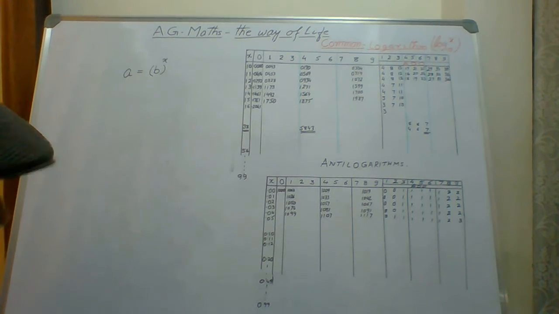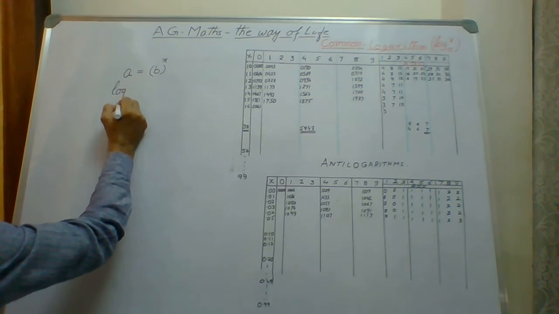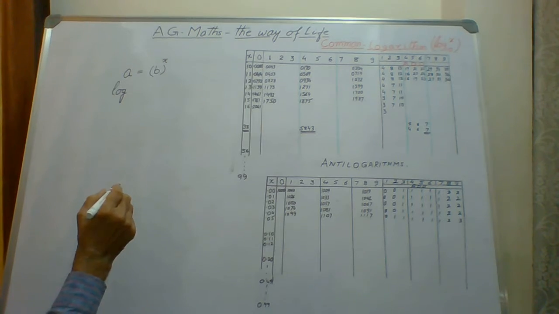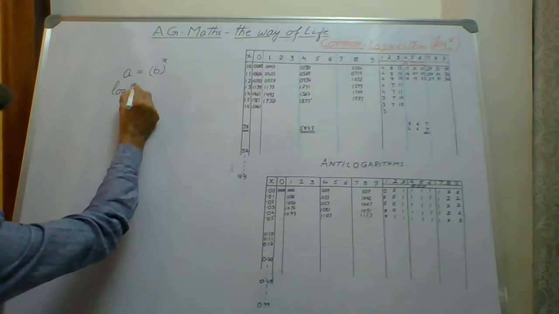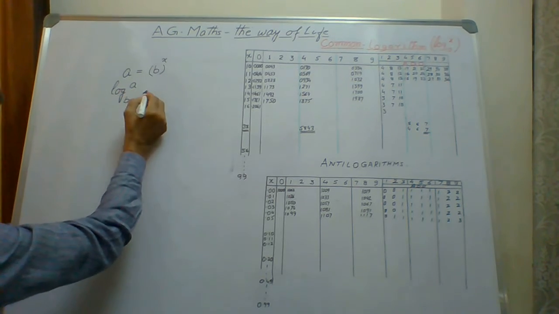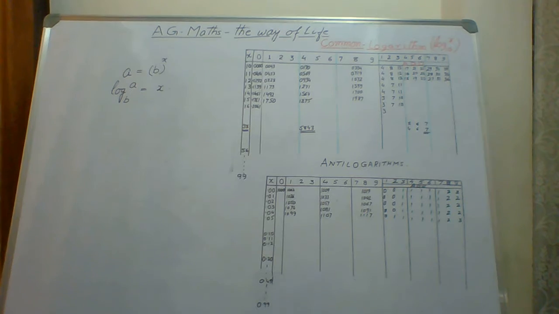If I write this in the log form, it will become log, or the logarithm short form is log a to the base b. A is the number and the base is b. This base has become b and the value has become x. This is how we write the index form into the logarithmic form.